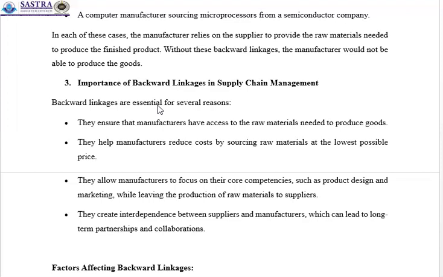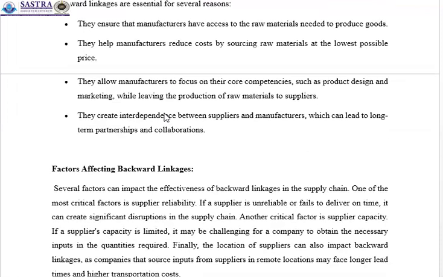Only to those customers do they ensure that a particular percentage of their production is supplied. And if they are not supplying, the ultimate manufacturer will lose its raw material supply. So they will be very clear on that point.